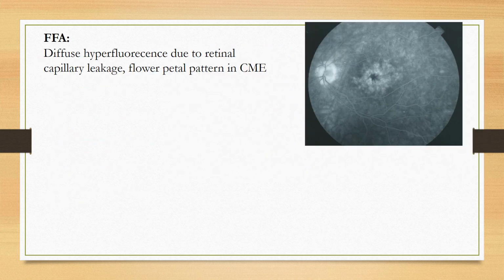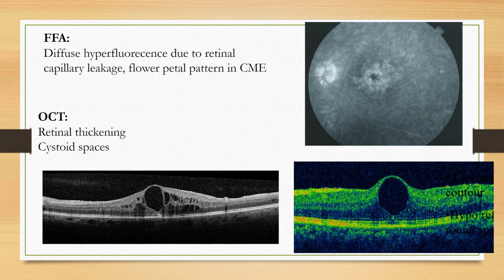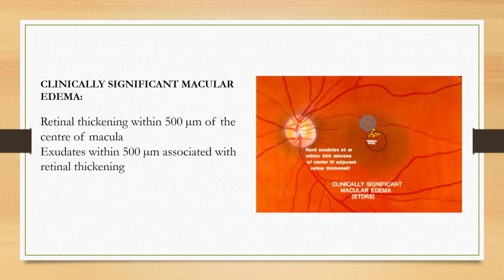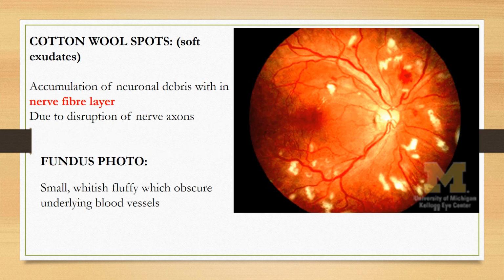This is an FFA image of the macula, seen as a flower petal shape, and we have OCT images as well. Then we discussed clinically significant edema, which means any edema within less than 500 microns from the central macula.